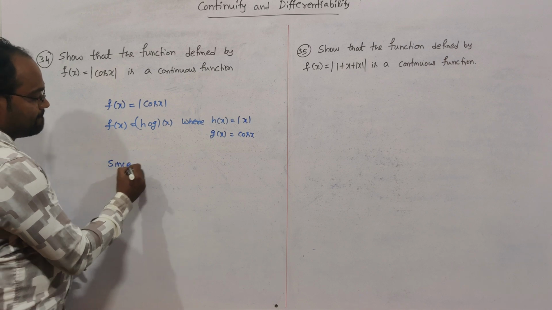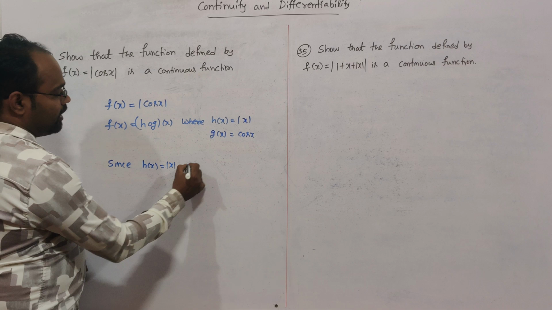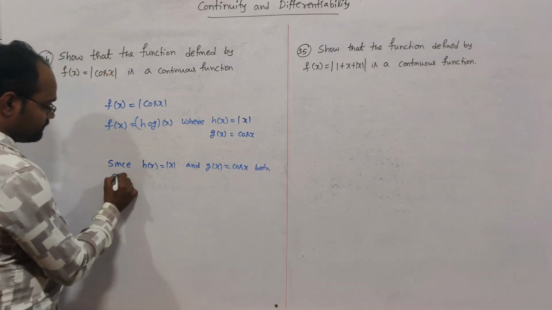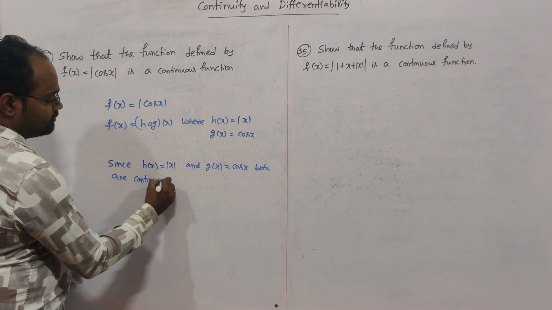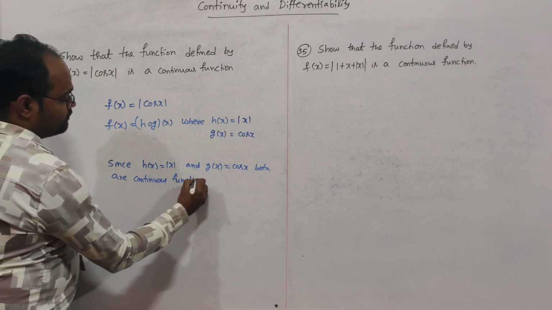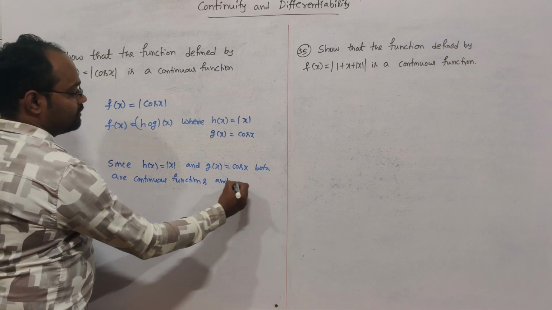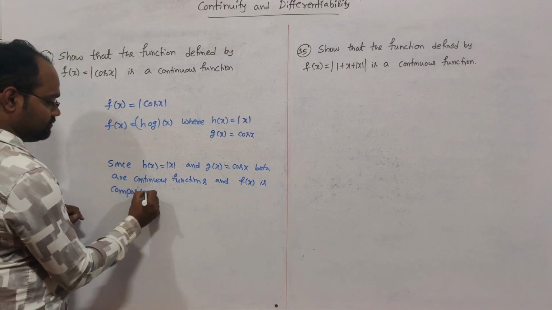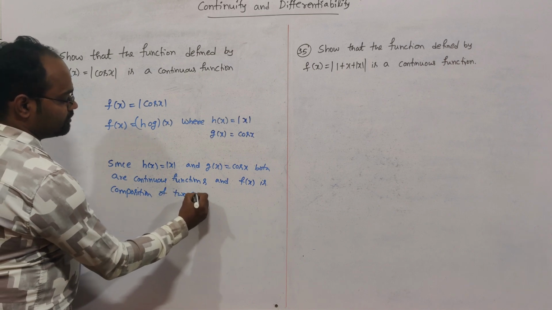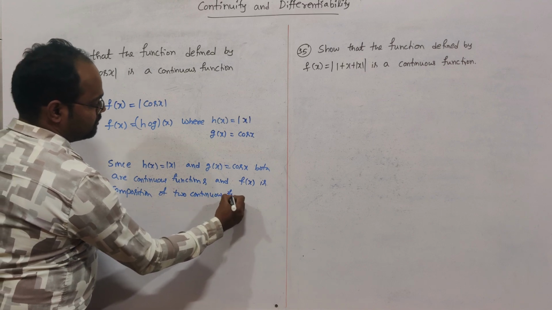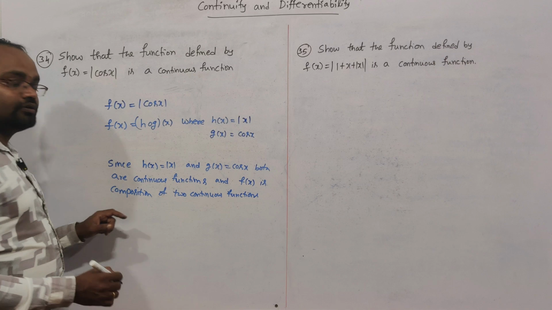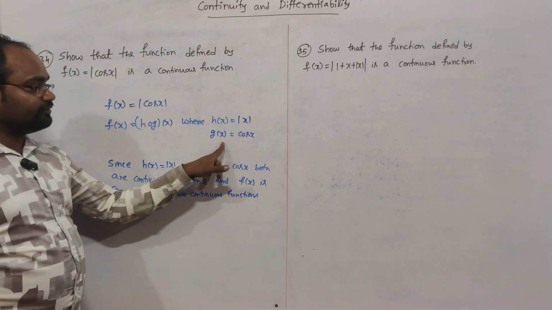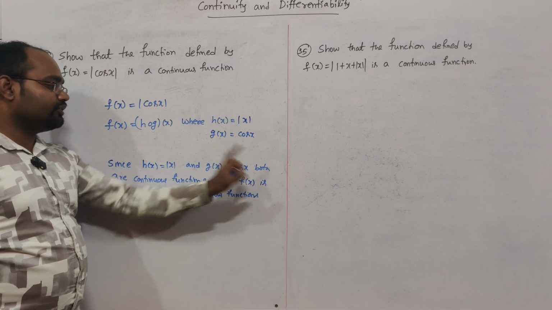So since h of x is mod x and g of x is equal to cos x, both are continuous functions, and f of x is a composition of two continuous functions, since we have proved h of x mod x is continuous, and we know cos x is continuous.